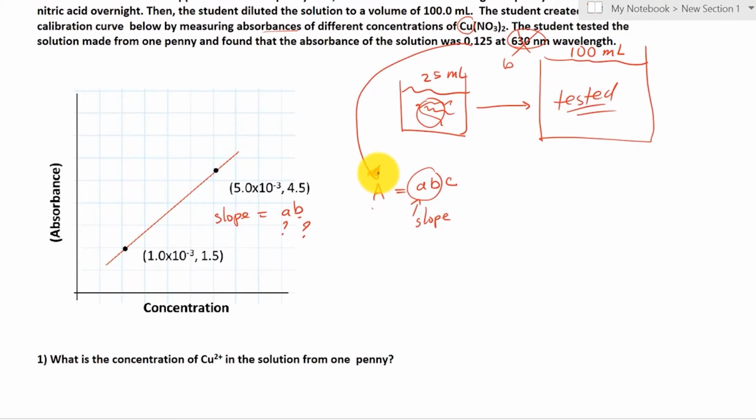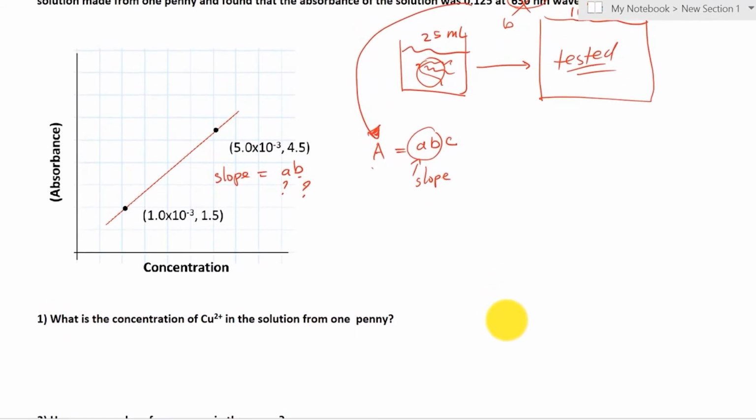Okay? So let's find the slope. Well, to find the slope, we take two points, which are given to us, which is the change in y over the change in x. So we have 4.5 minus 1.5 divided by 5.0 e to the negative 3 minus 1.0 e to the negative 3.